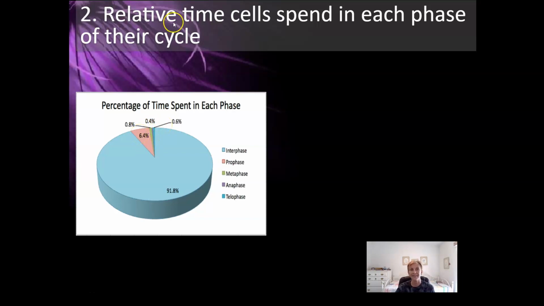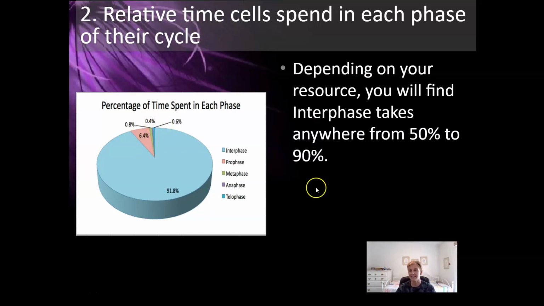That's relative time, not an exact number, but in relation to each other. Depending on the resource you use, you might find anywhere from 50% to 90%. It also depends on the cell. The type of cell and the nutrients that are available, the environment, all will alter the amount of time that it spends in interphase.